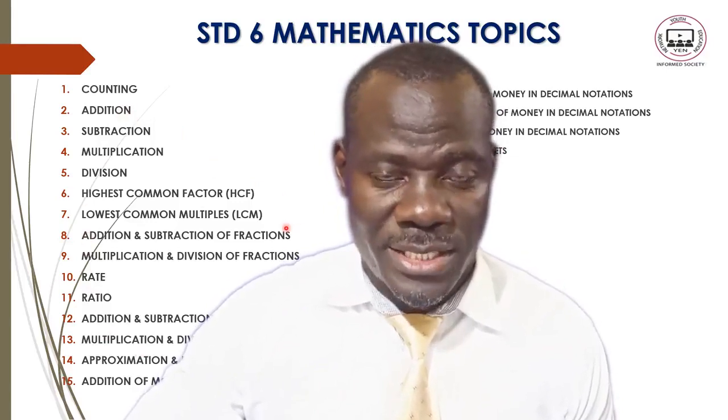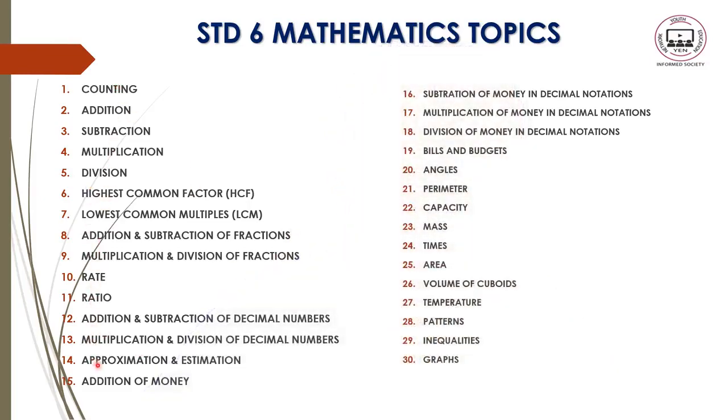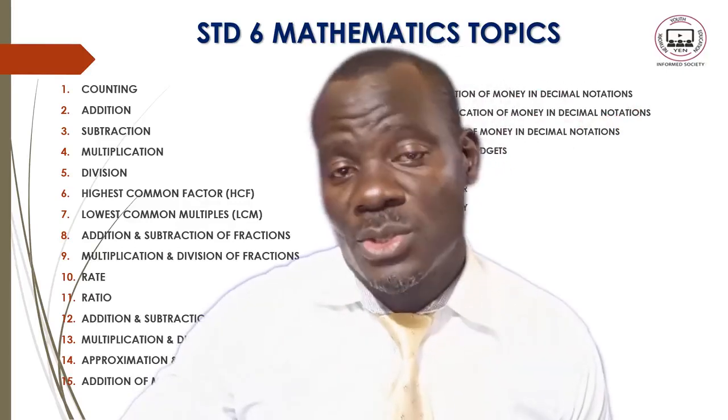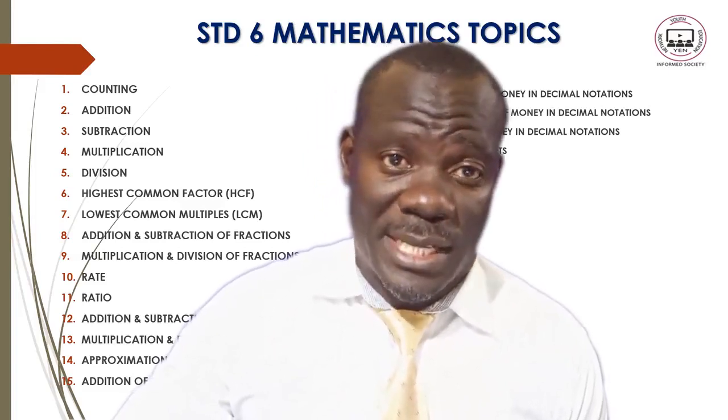So remember to go through each and every term and each and every unit thoroughly, so that you are sure of what you are doing. There is subtraction of money in decimals, multiplication of money in decimal notations, the angles and the like. These are the topics that make up Standard 6.